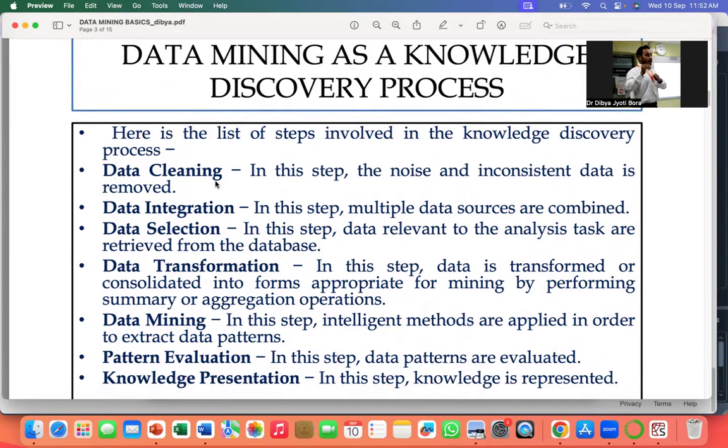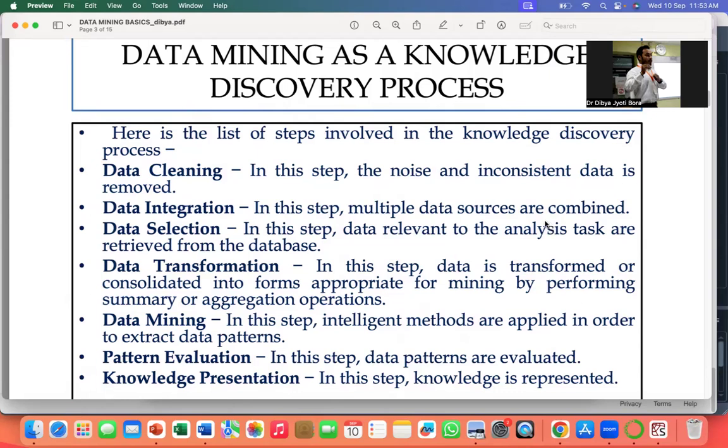First one, we have data cleaning, right? In this step, the noise and inconsistent data is removed. When we have collected data from different sources, that data set may consist of noise or irrelevant data or some inconsistent data, which is in no way related to our decision making process.